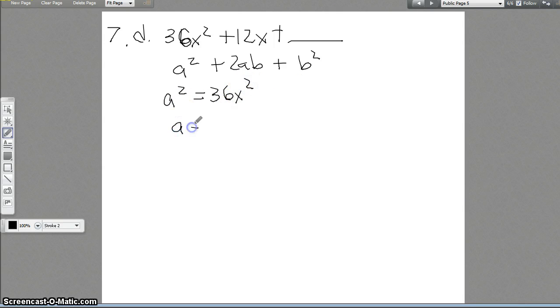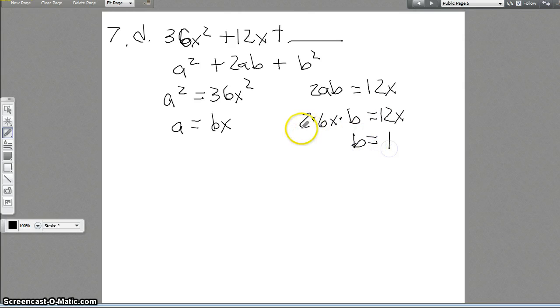That means our a must be 6x. We know that our 2ab is 12x. And our a is actually 6x. So we have 2 times 6x times b equals 12x. Well, that means that our b has to be 1 because 2 times 6 times x is 12x. So when we square our 1 for this last position, we only get a 1 there.